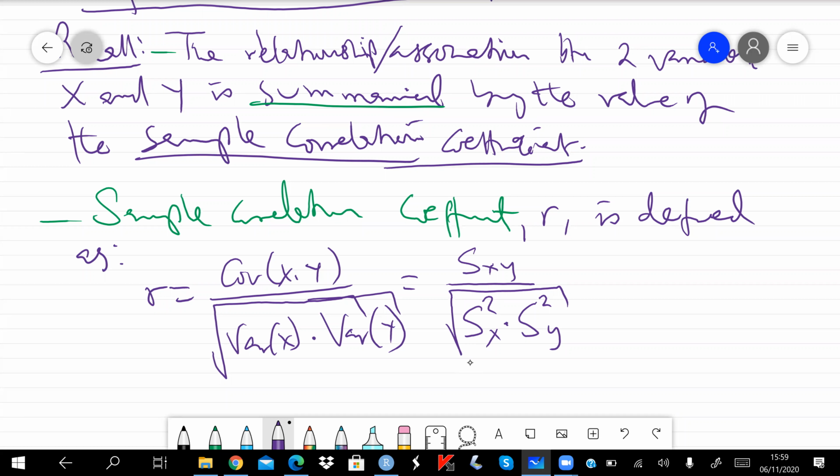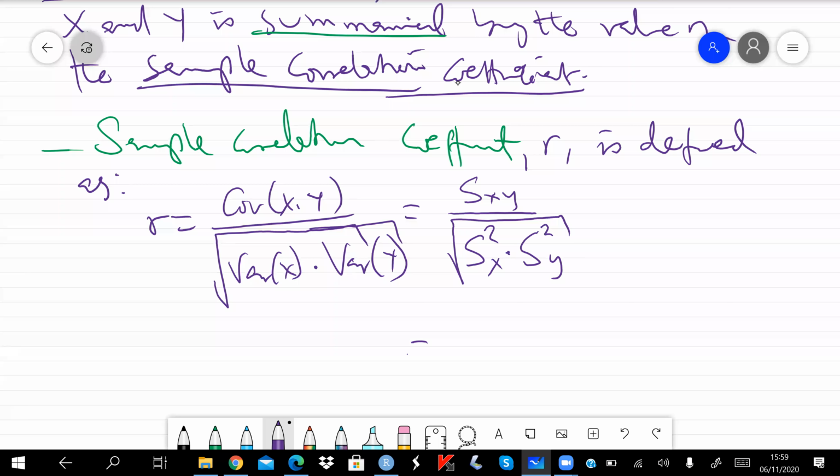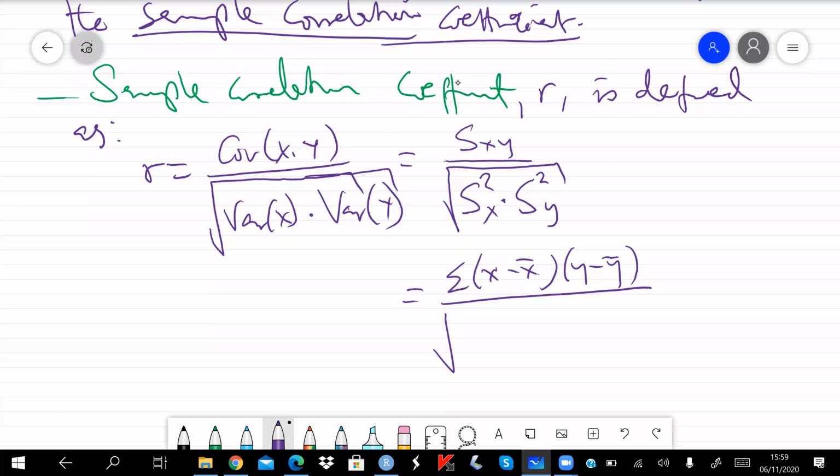This is sometimes also written as the summation of (x minus x bar)(y minus y bar) divided by the square root of the summation of (x minus x bar) squared multiplied by the summation of (y minus y bar) squared.